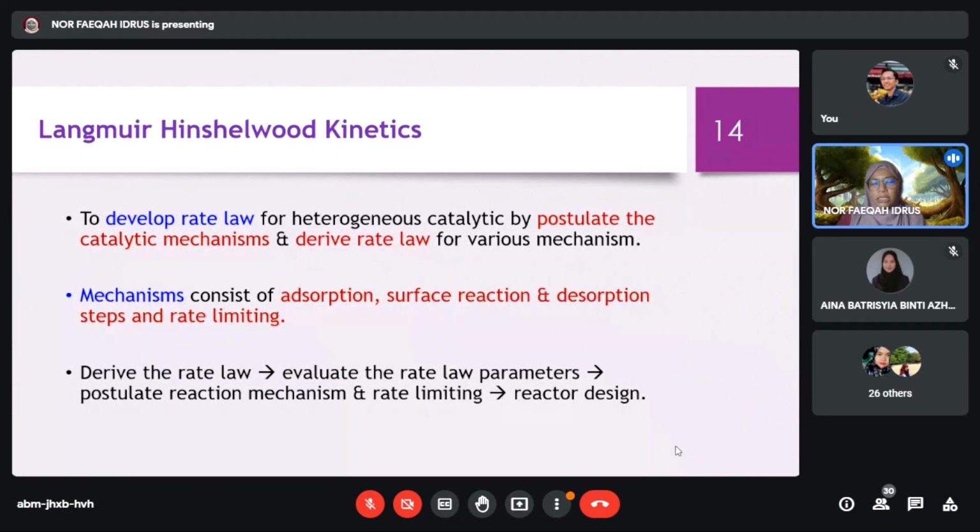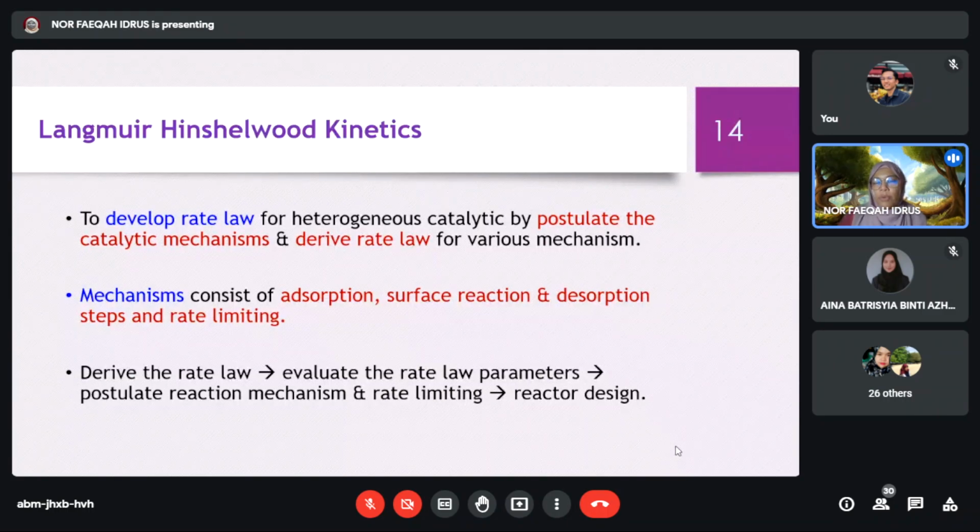The purpose of this mechanism is to develop a rate law for heterogeneous catalysis by postulating the catalytic mechanism. Postulating the catalytic mechanism means that we need to predict how the reaction occurs, or predict the pathway of reaction.